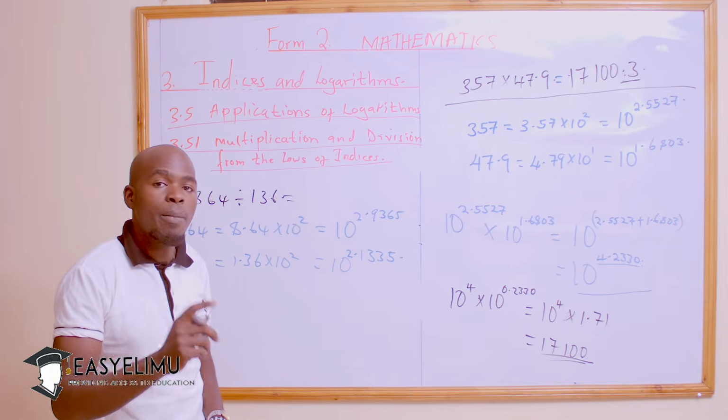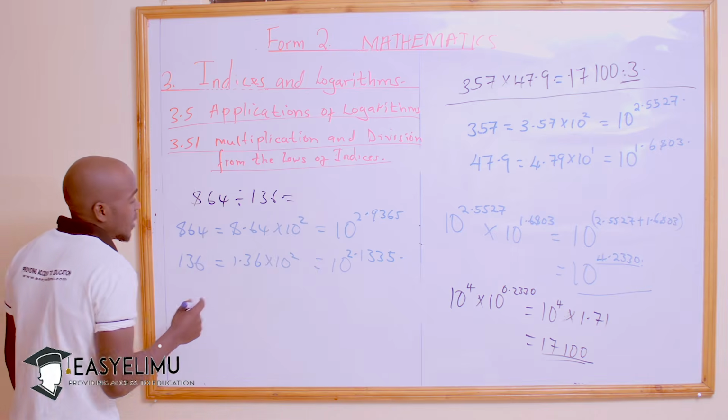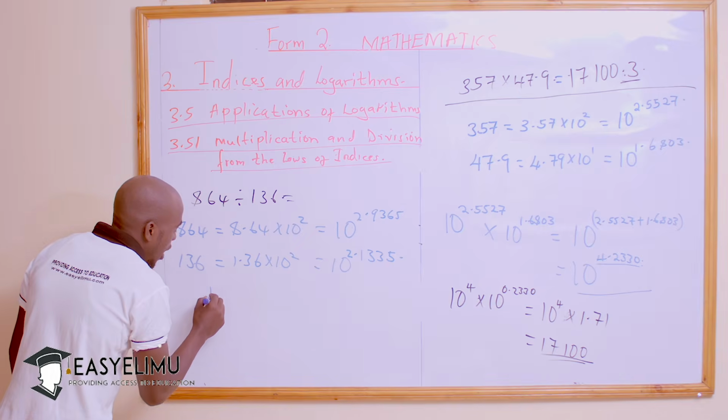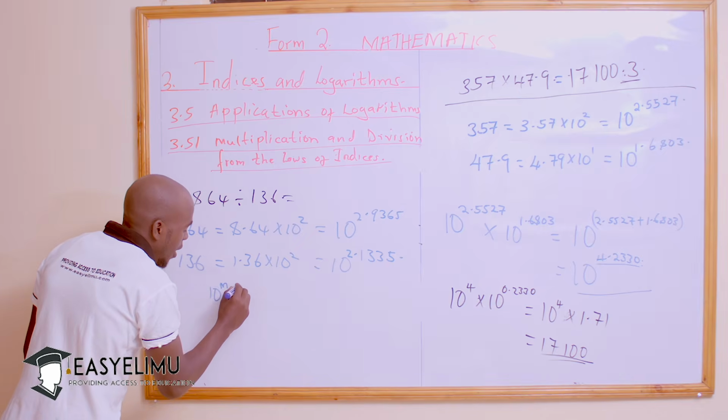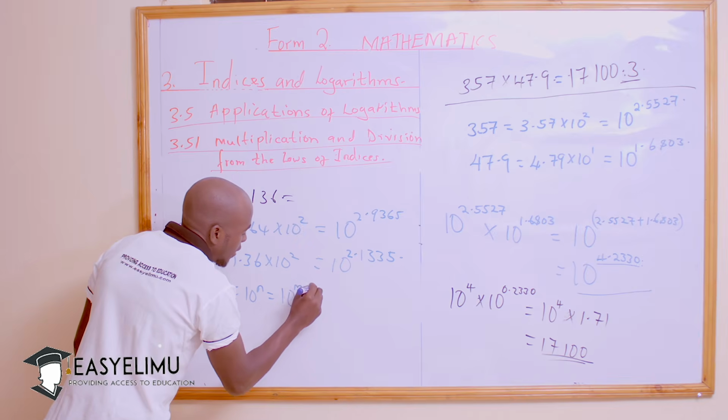Remember, we have made the same base, so we can use the law of indices to work it out. If we apply the law that says if we have 10 raised to m divided by 10 raised to n, we shall find 10 raised to m minus n.